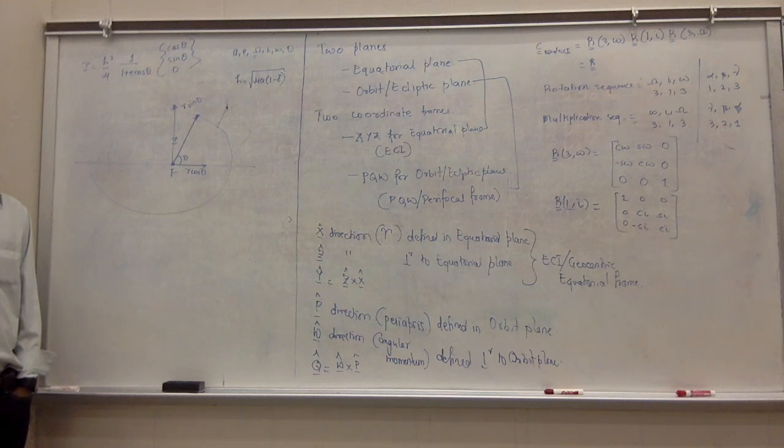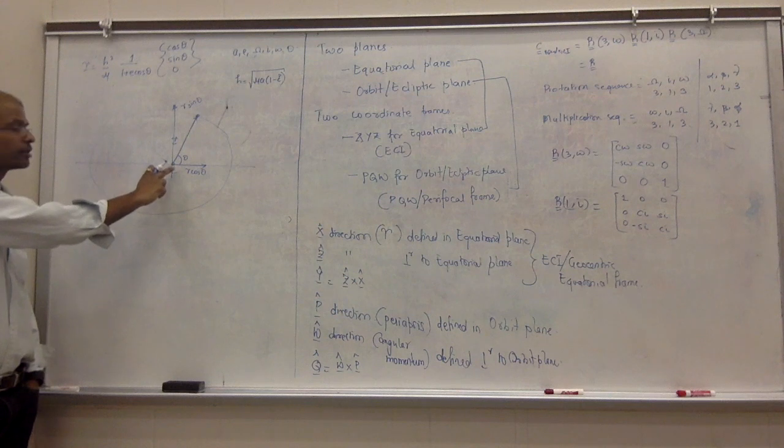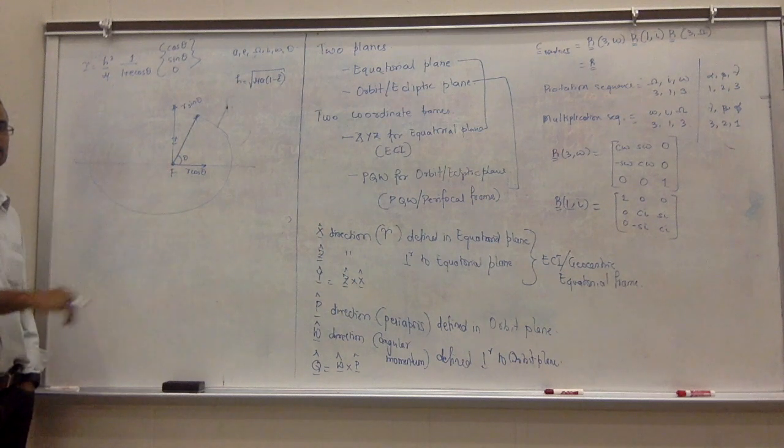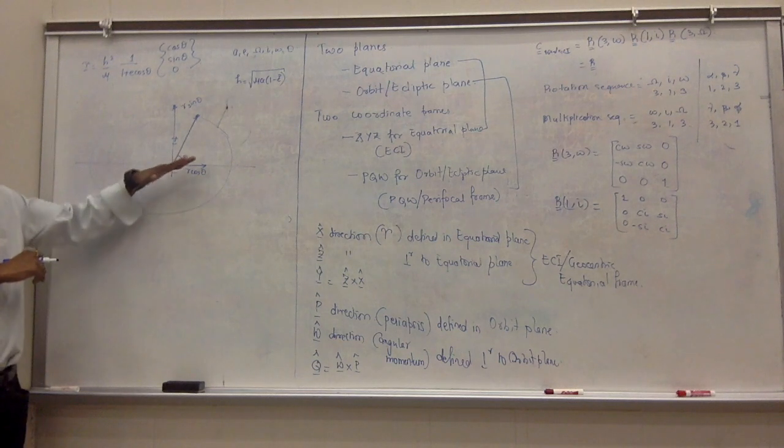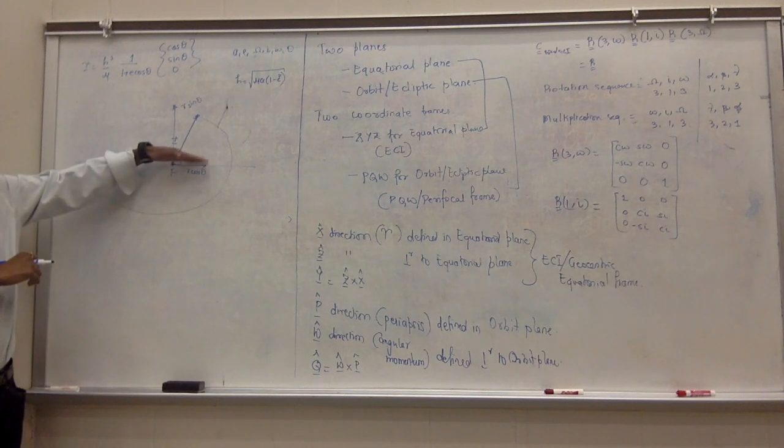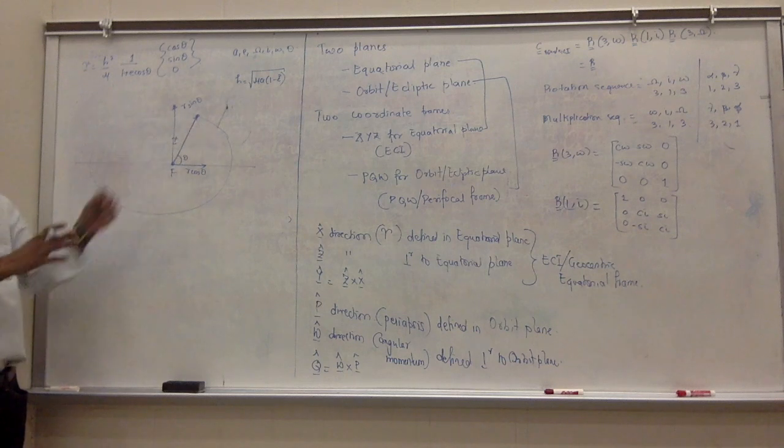It is not possible. Is that supposed to be perfectly centered? No, this is the focus. It's elliptical. You said it's not going to be a z component. No, R and B will always be in this plane. The Z is here, right?